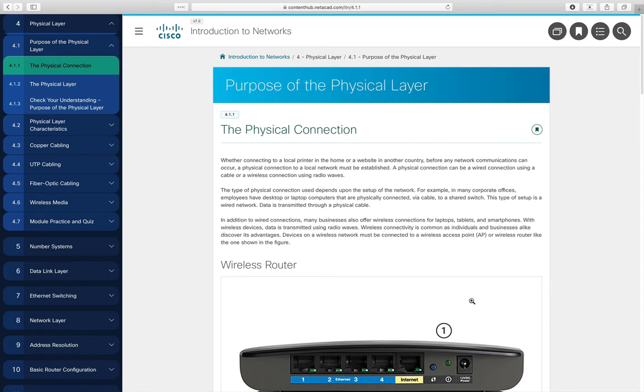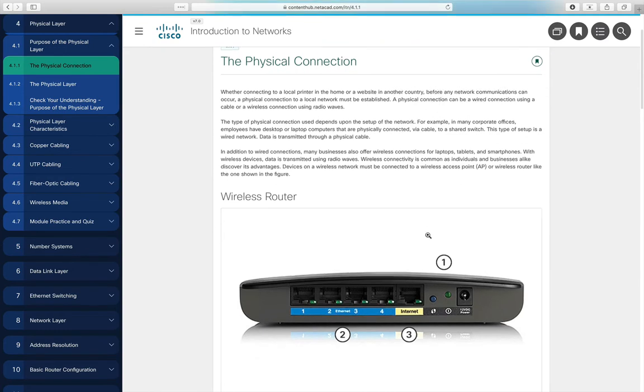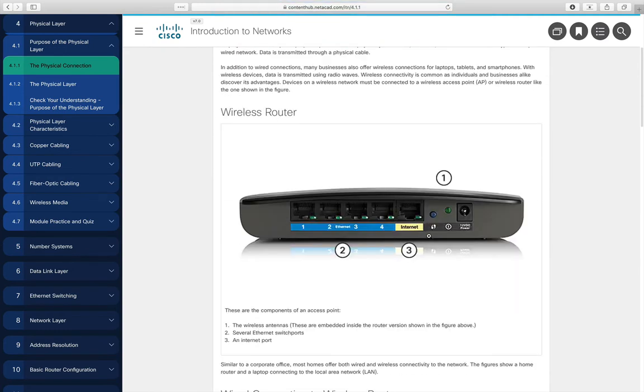So, what is the purpose of the physical layer? First of all, and most importantly, it's what actually creates the network that we're going to use to communicate between devices. One thing they're showing us here is a wireless router.